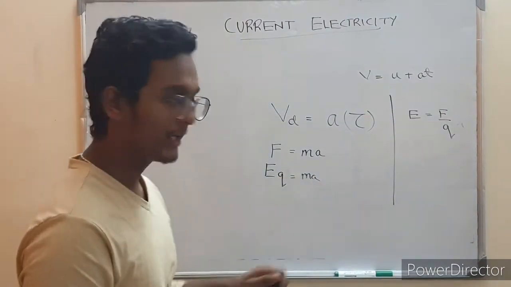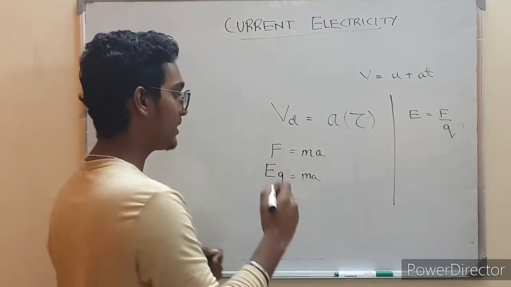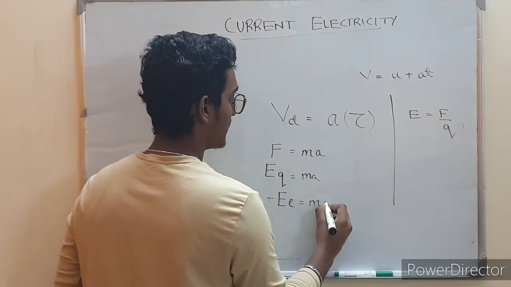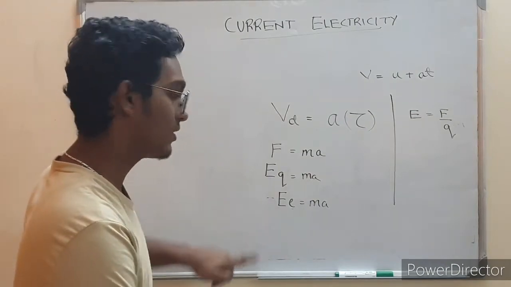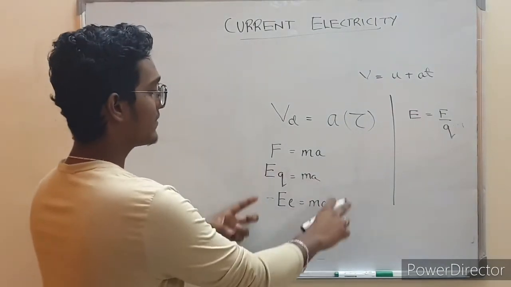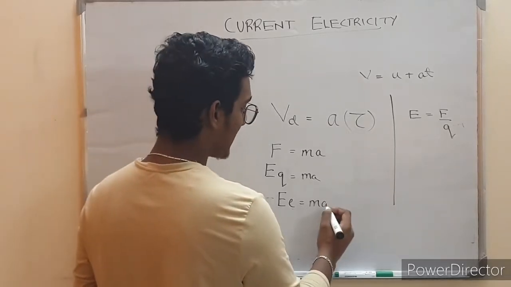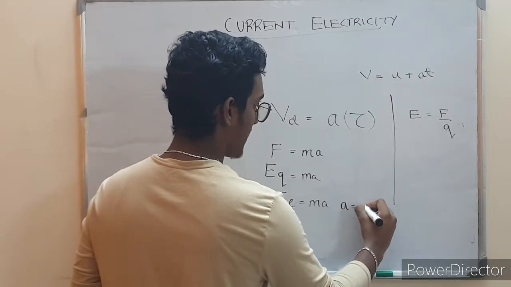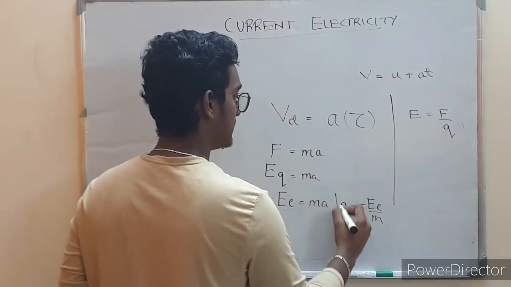Since it's an electron over here, the Q is going to be replaced by minus small e. Minus e. This e represents the charge of an electron, with a negative sign because electrons are negatively charged. So we have this. And now we know the acceleration from this equation. Acceleration equals minus eE by m.